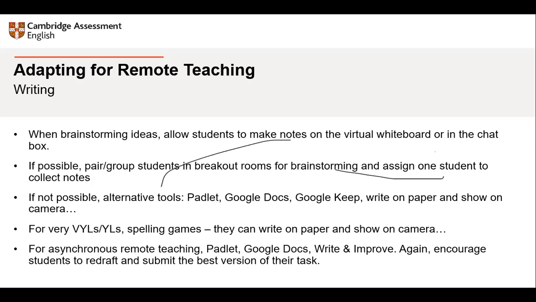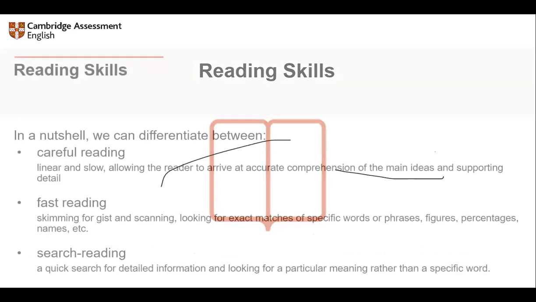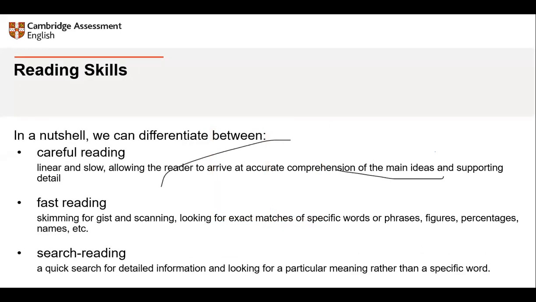So for reading skills, in a nutshell, when we're talking about developing reading skills, we have different ways of reading things, right? This is just a very, very brief recap. We have things like careful reading, where we have to pay close attention.